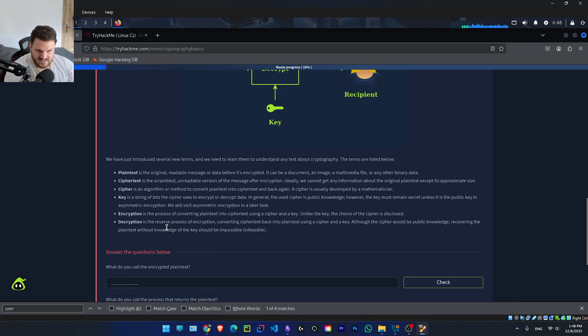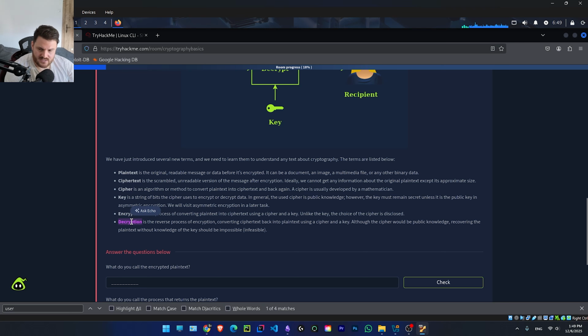Decryption is the reverse process of encryption. Encryption is the process of converting plaintext into ciphertext using a cipher and a key. Unlike the key, the choice of the cipher is disclosed. So encryption basically is the whole process of converting our plaintext data into a cipher, but it uses a cipher algorithm and a key from the algorithm in order to encrypt the data.